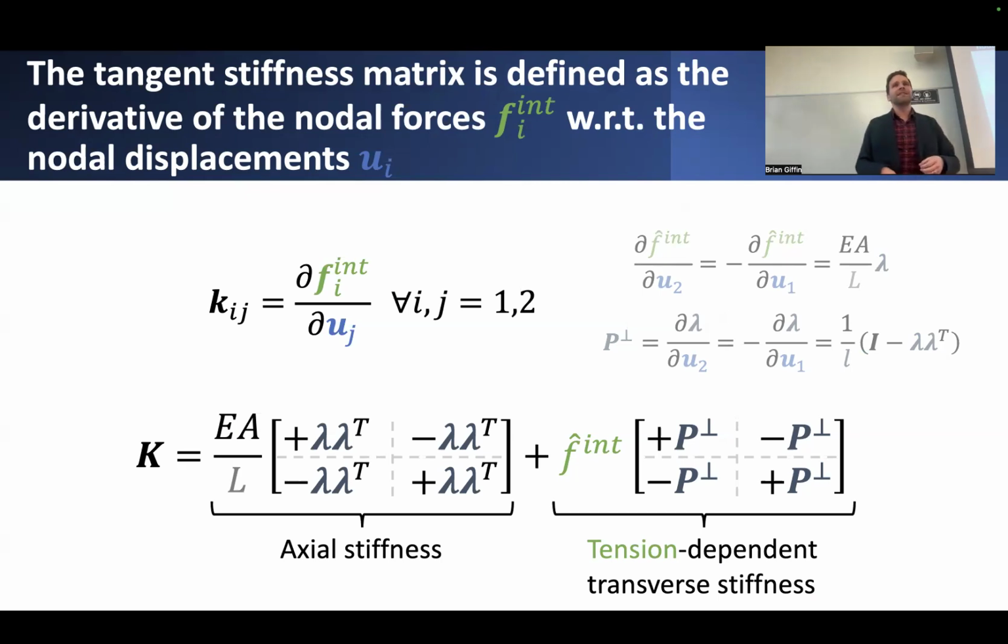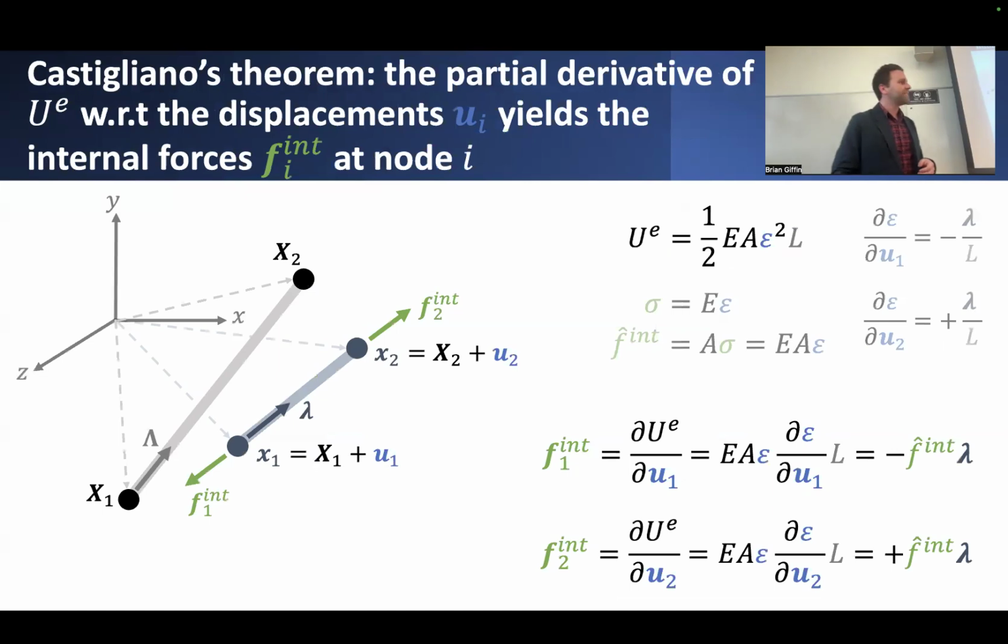You'll get terms that depend on, if I were to go back, take a moment, and just say, there's really two things that could vary as we take derivatives here. In both of these expressions for F1 and F2, there's F hat, which is the internal force that we assume is always aligned with the axis of the member.